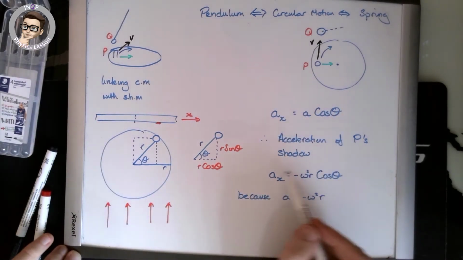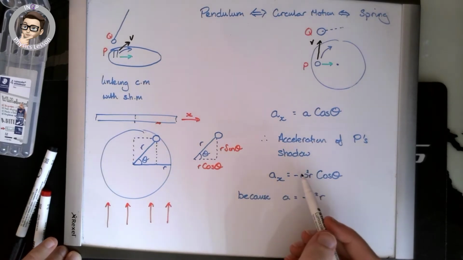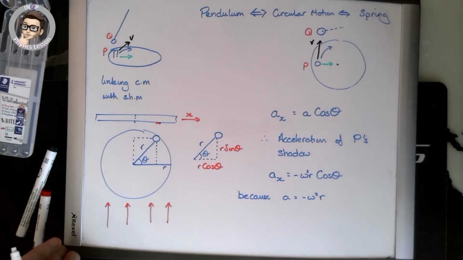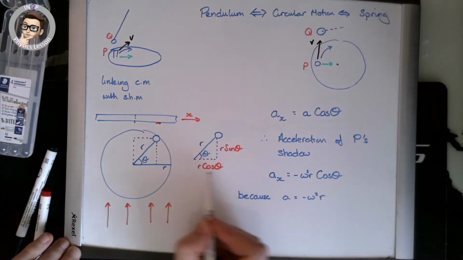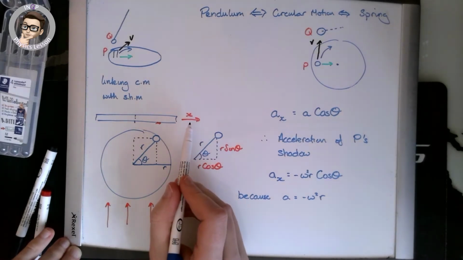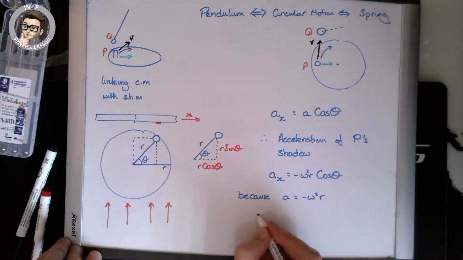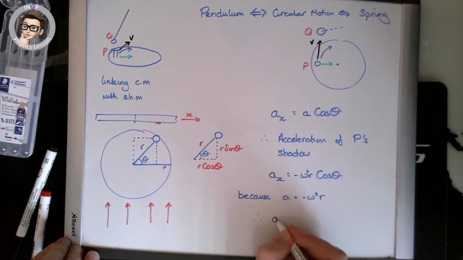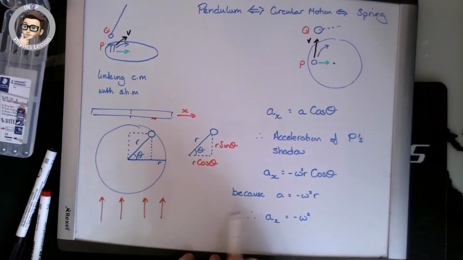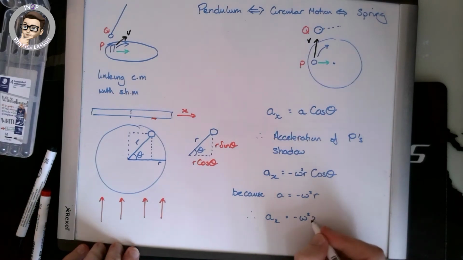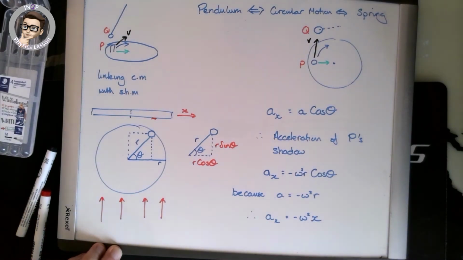So that's quite an important equation. But we've still got an r cosine theta. Well, that's quite nice, because we've now said that r cosine theta is our displacement in the x direction. So therefore, we can actually say that the acceleration in the x direction is equal to minus omega squared, and this r cosine theta is going to become x.